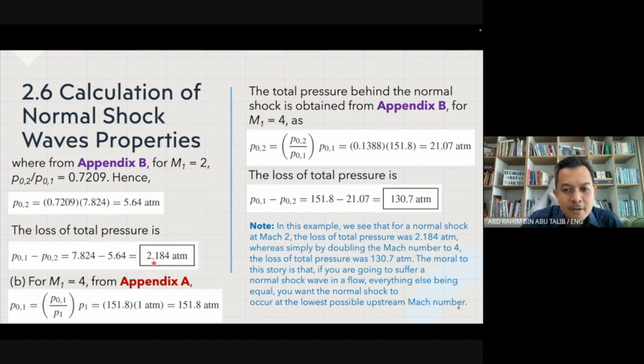Later on we are going to go into Appendix A and see where those values were obtained. But now we continue first with part B.